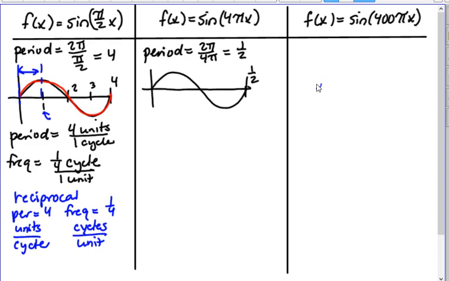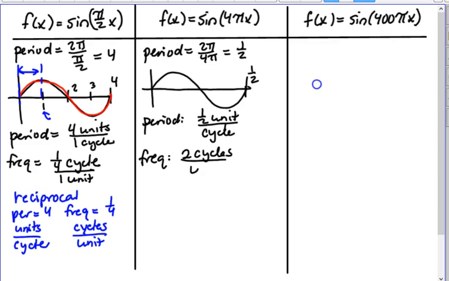So that means that the period tells me that there is 1/2 unit per cycle. The frequency then tells me that there are 2 cycles per unit.